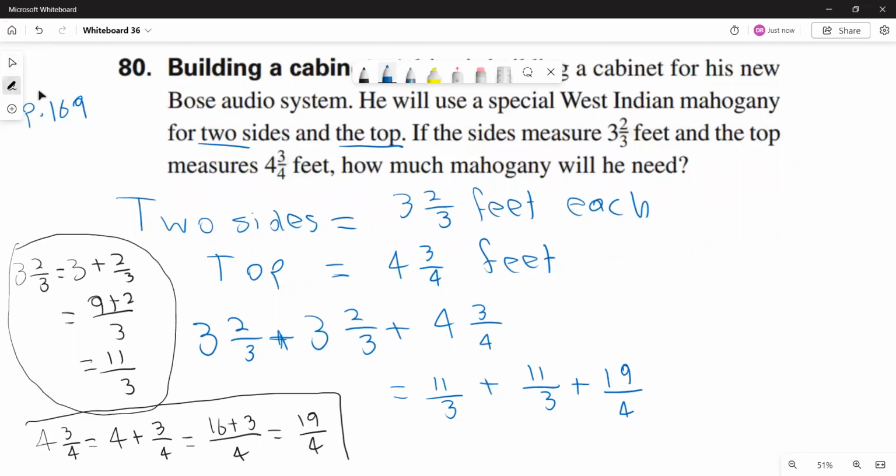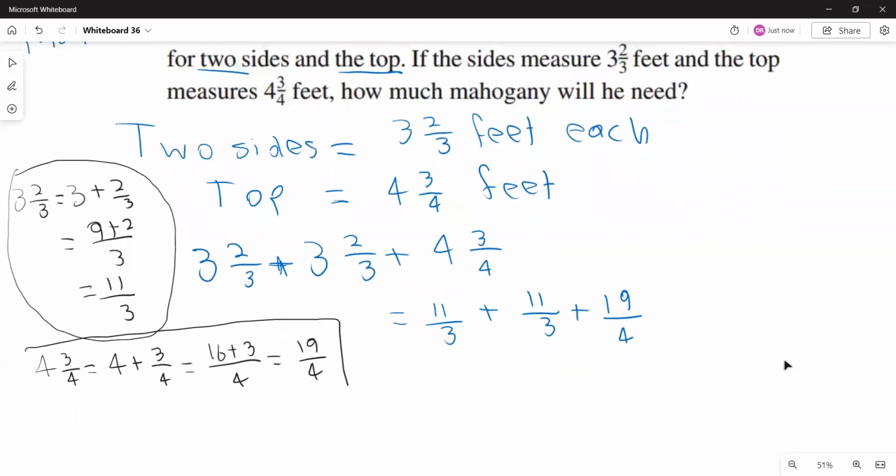The least common denominator of 3 and 4 is 12. So that's the least common multiple of 3 and 4. Actually, let's simplify another thing. 11/3 plus 11/3 is 22/3. And now we can use the least common denominator of 3 and 4, which is 12. 12 over 3 is 4, so we need to multiply 22 by 4.